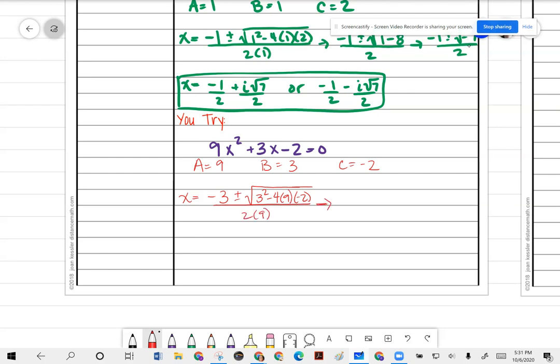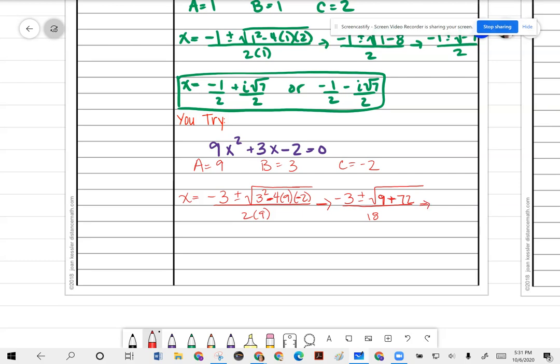So when I simplify that, I get negative 3 plus or minus the square root of 9 minus, which actually is going to be a plus. Notice you have a negative and then another negative, so we're going to add. And then it looks like we have 36 times 2 is 72, and it's all over 18.